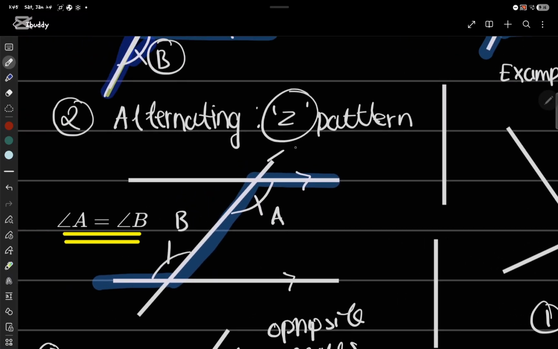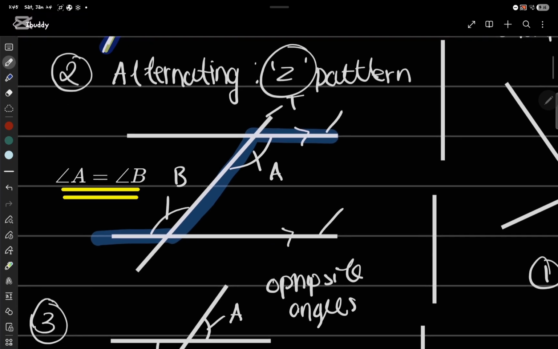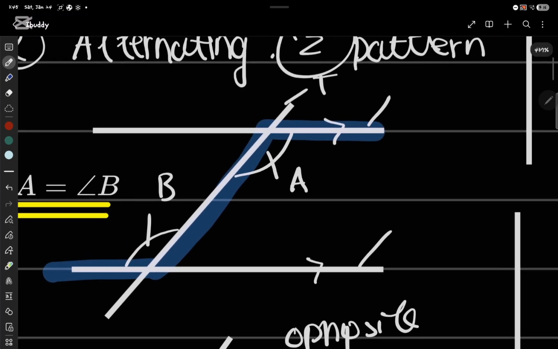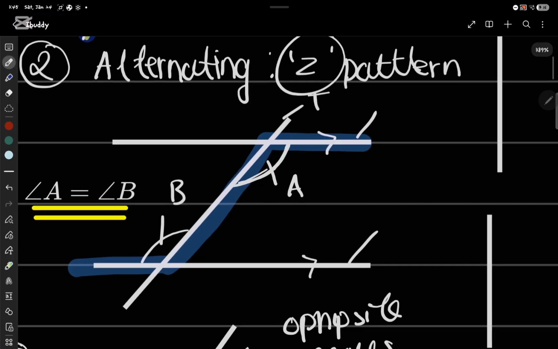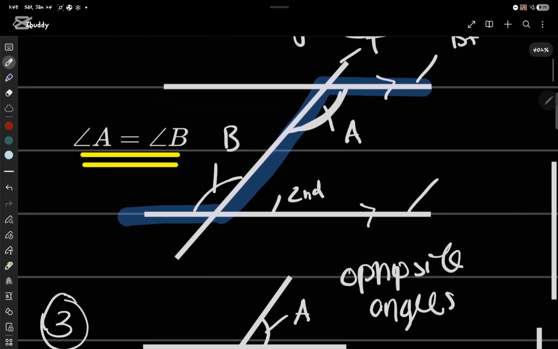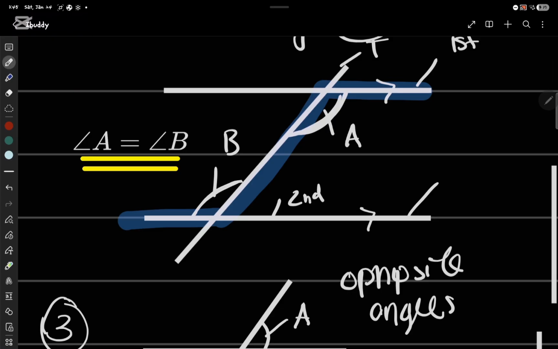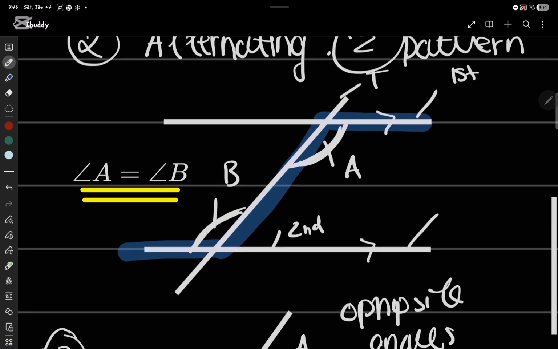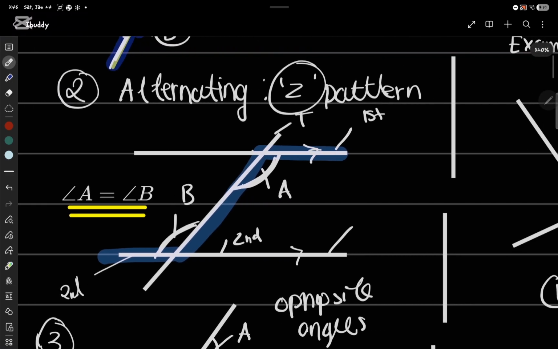You have a transversal line here and two parallel lines here, and essentially this is angle A, this is angle B. Angle A, where it's under the first parallel line, is going to be the same as the angle B, which is on the opposite side of the transversal line, and also above the second parallel line. So it's going to look like a Z shape like that.